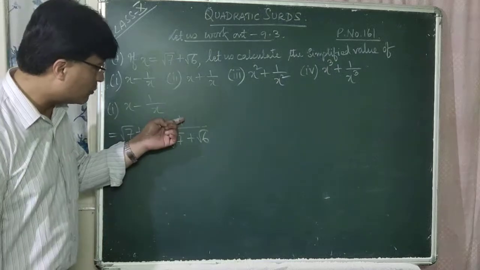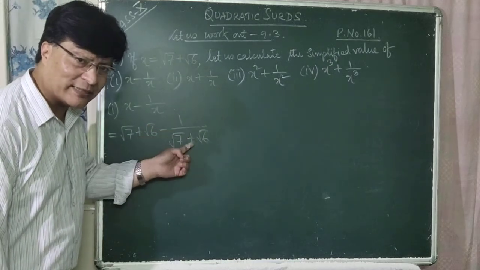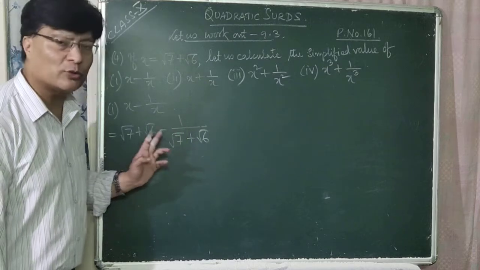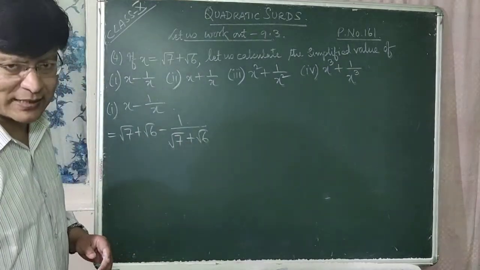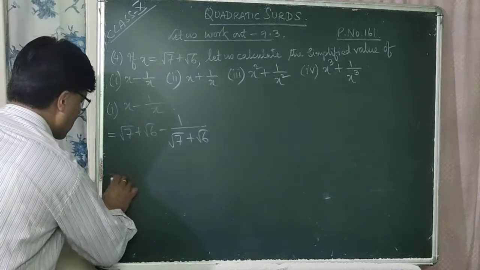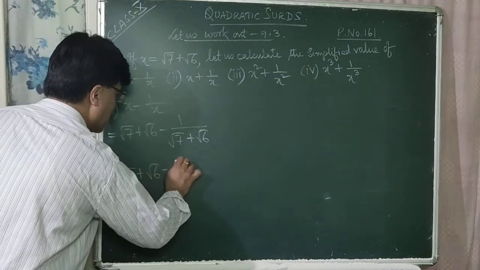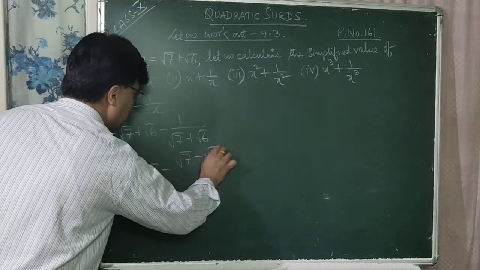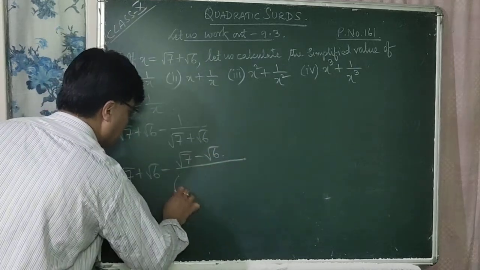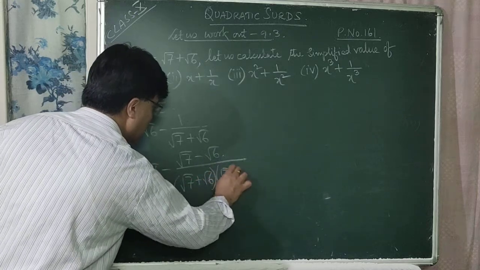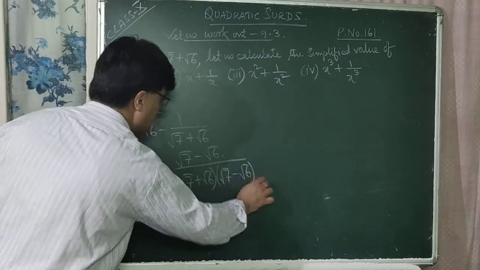That means you have to multiply both numerator and the denominator by this rationalizing factor, which is root over 7 minus root over 6. Okay? So is equal to root 7 plus root 6 minus, here also it is root 7 minus root 6 divided by root 7 plus root 6 into root 7 minus root 6.